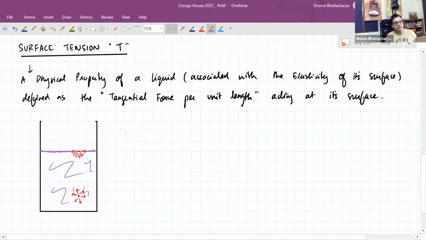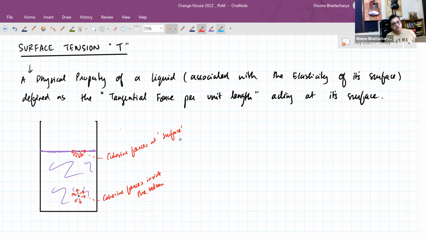Okay. So this nature over here, this is the cohesive forces at a surface, whereas this as opposed to that is cohesive forces inside the volume of a liquid.